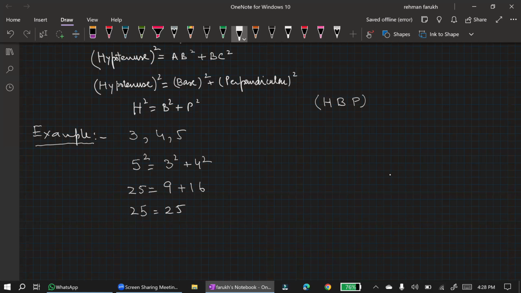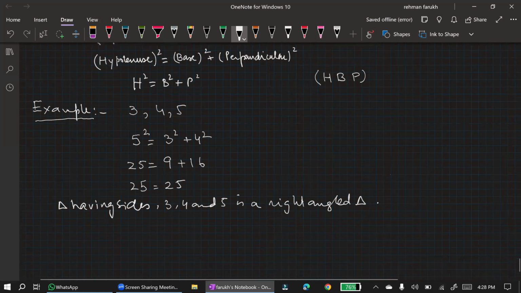So the triangle having sides 3, 4, 5 is a right angle triangle.